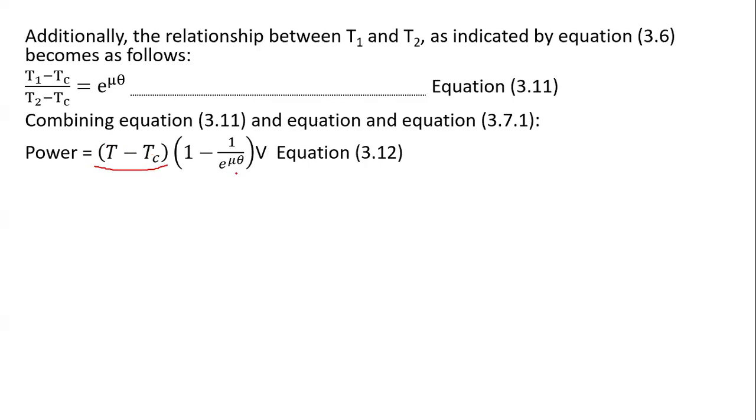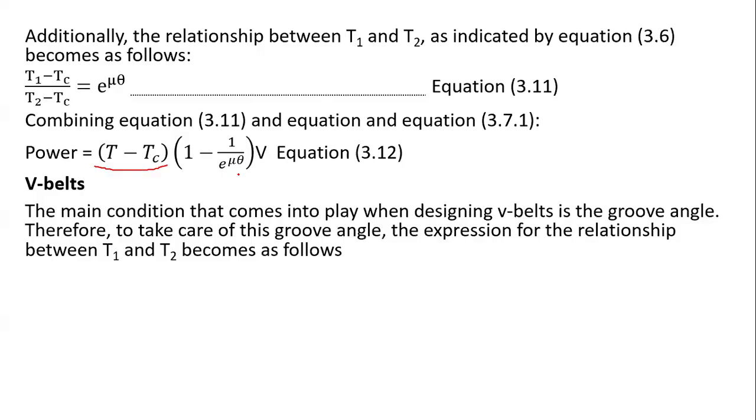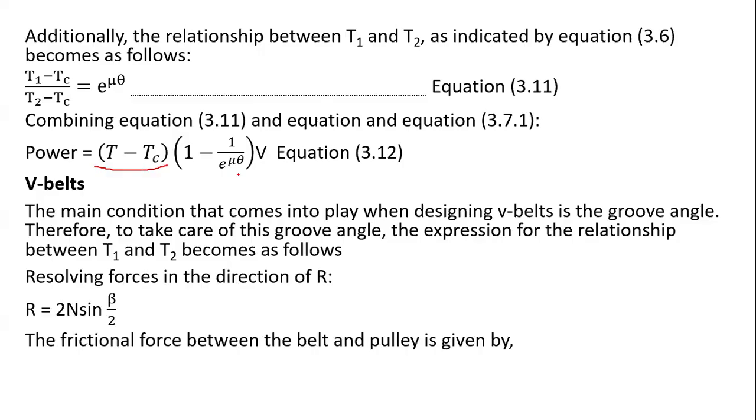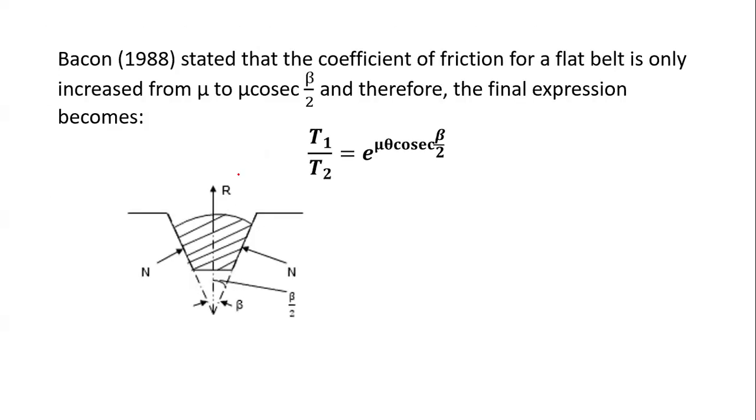Then everything here remains the way it was at first. For V belts, we just introduce one factor here, which is T1 over T2 is equal to e power mu theta over sin, then we also put in cosec beta over 2.